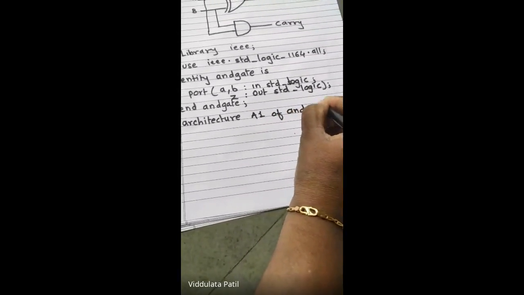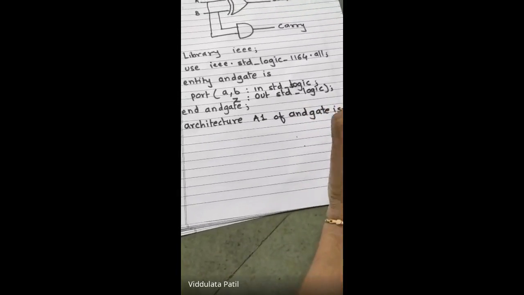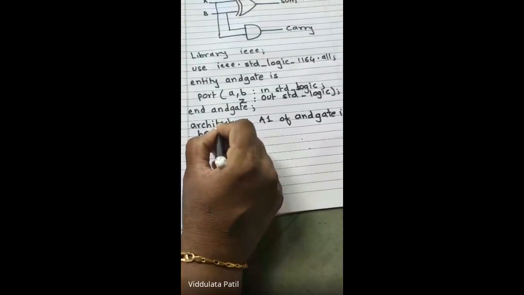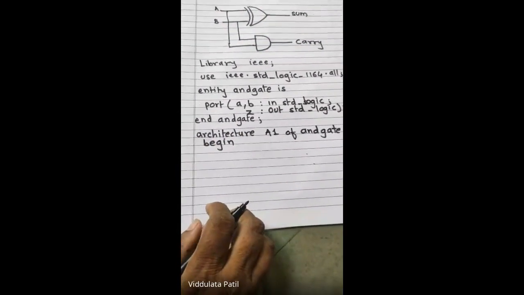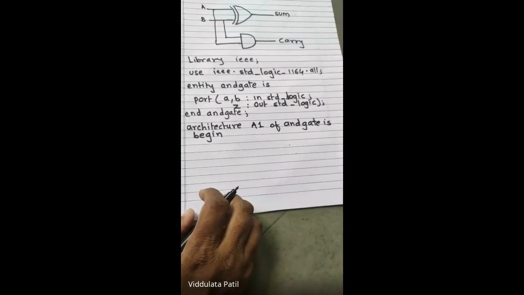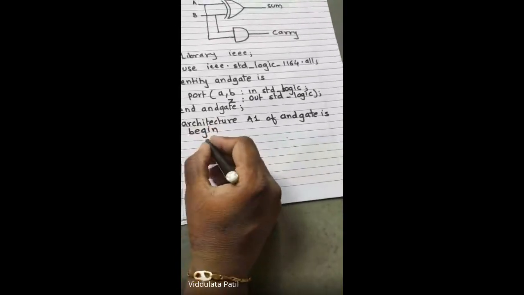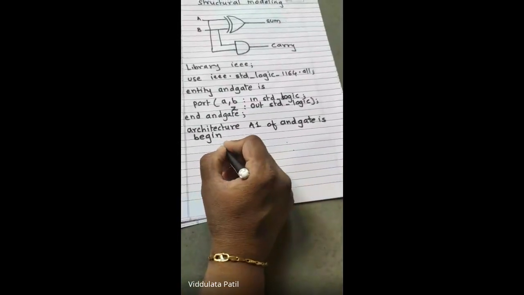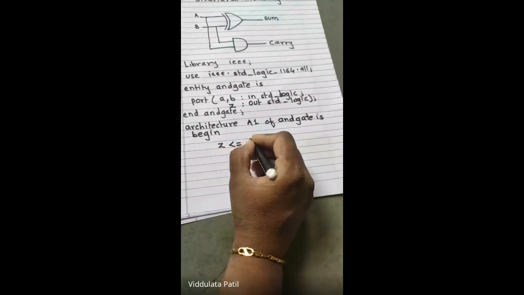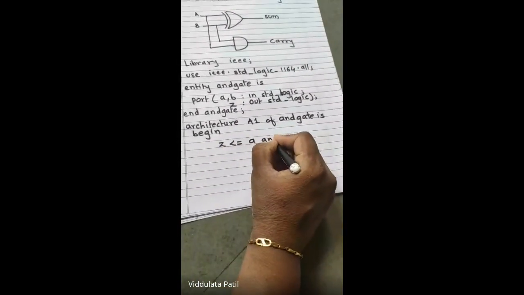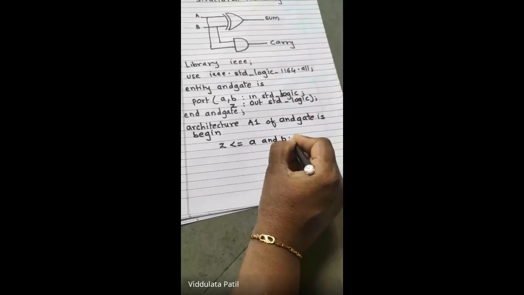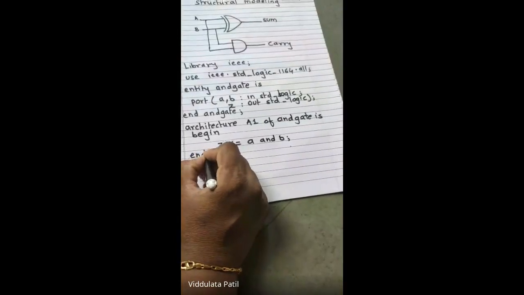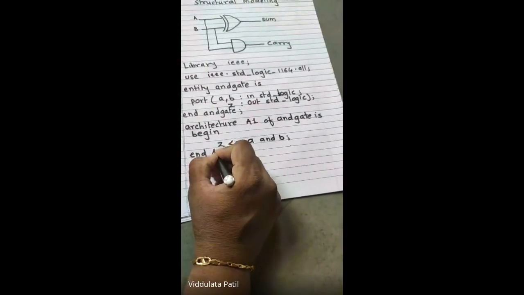What will be the statement in this architecture? How will you define this AND gate? Z will be assigned A and B, semicolon. And then end of this architecture A1.